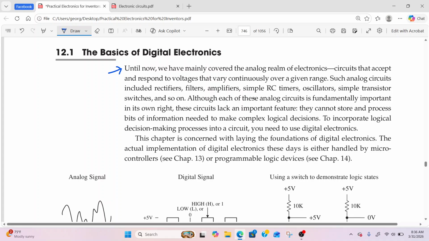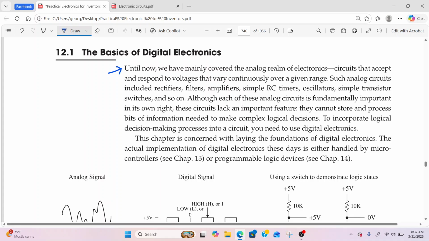Although each of these analog circuits is fundamentally important in its own right, these circuits lack an important feature. They cannot store or process bits of information needed to make complex logical decisions. To incorporate a logical decision-making process into a circuit, you need to use digital electronics.